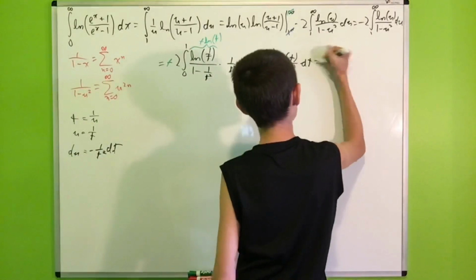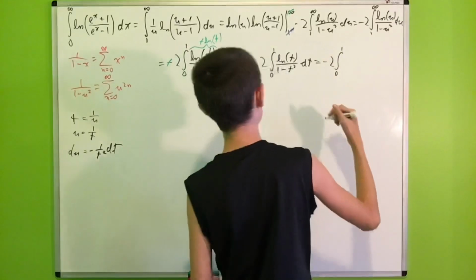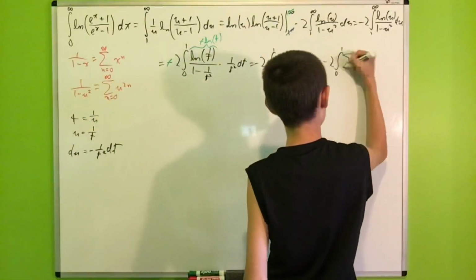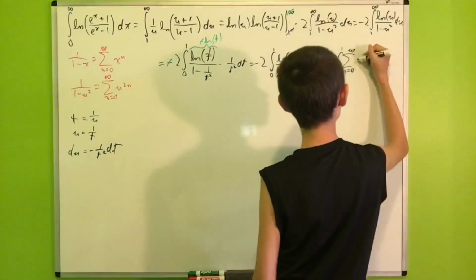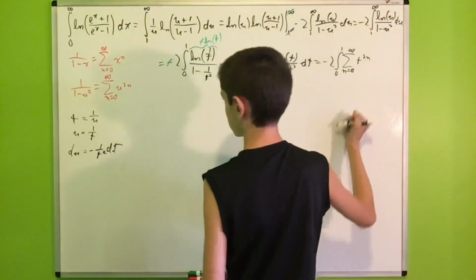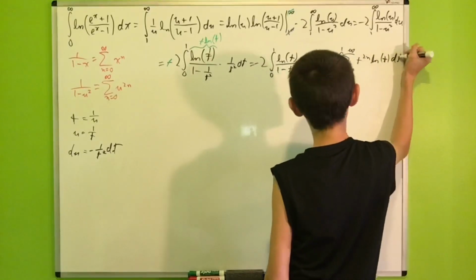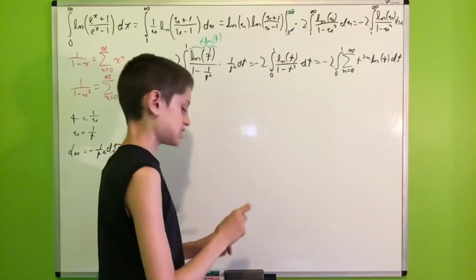So we get negative 2 times the integral from 0 to 1 of the sum as n goes from 0 to infinity of t to the 2n natural log of t dt. Again, we brought the natural log of t inside the infinite series.